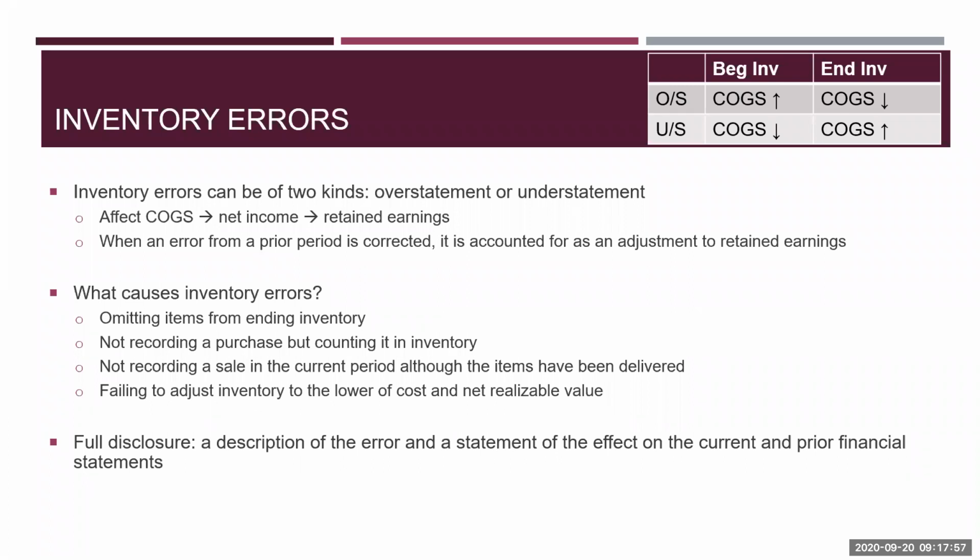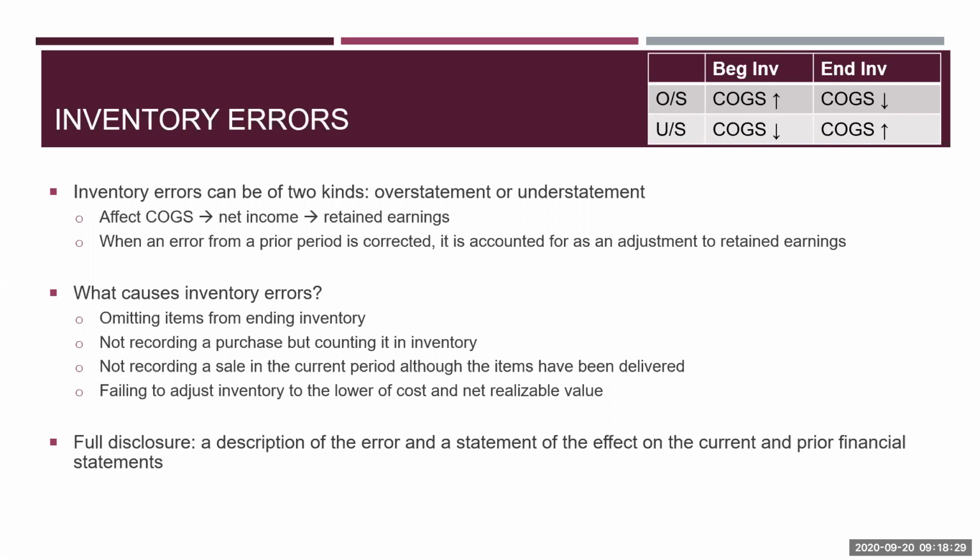Now, what causes these inventory errors is if the inventory was not correctly counted, or if we haven't correctly accounted for the inventory based on ownership. Let's say there was inventory in transit, and it was FOB shipping point, and we were the purchaser, the buyer. That's when it becomes our inventory. So if it was FOB shipping point, the buyer should have accounted for inventory on their books.